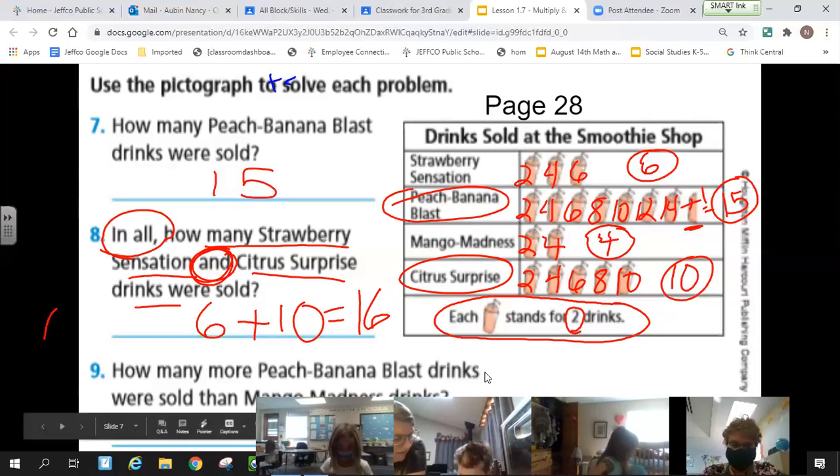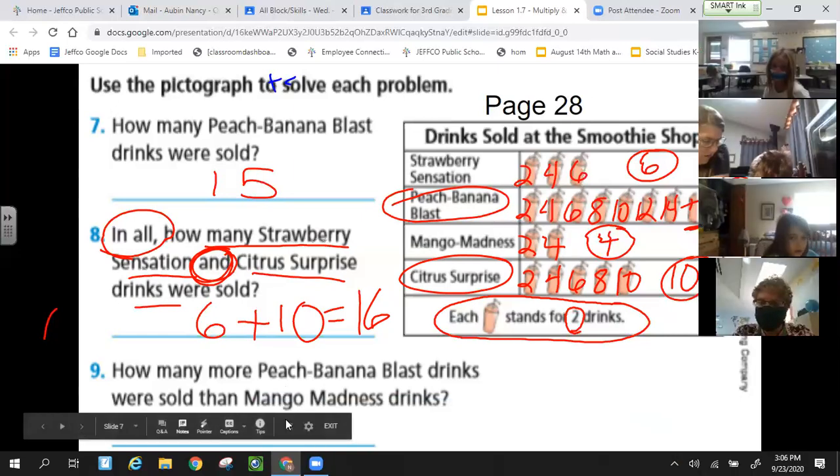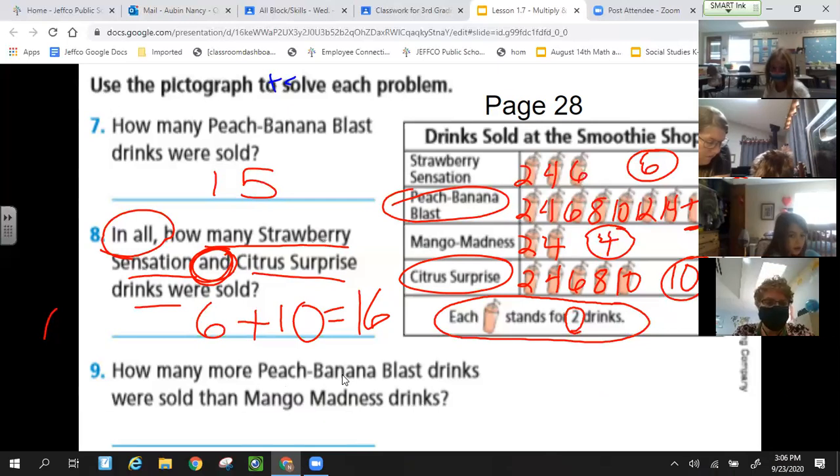And last but not least, this is the one I've been seeing. I keep seeing this in Think Central. It says, how many more? Oh, what do we know when we hear how many more? And what are we going to do when we hear how many more?